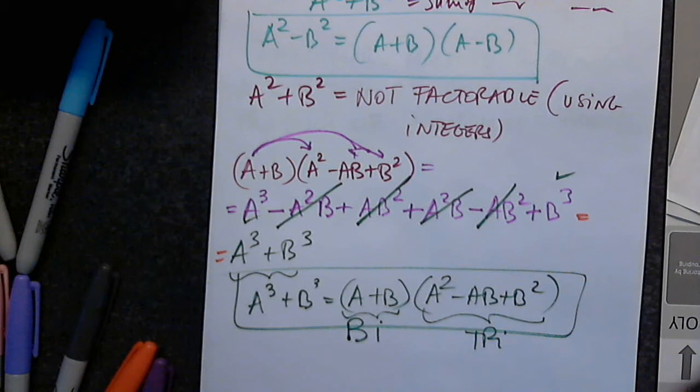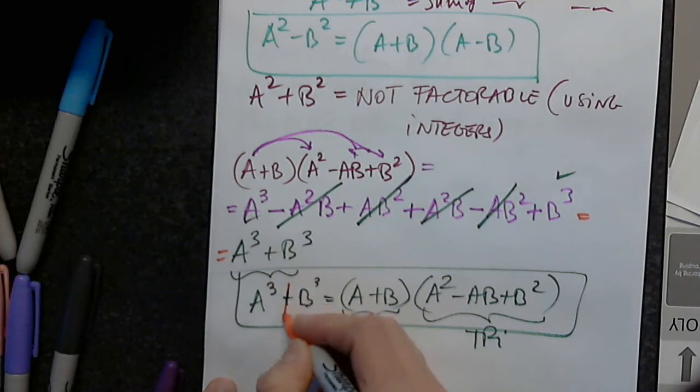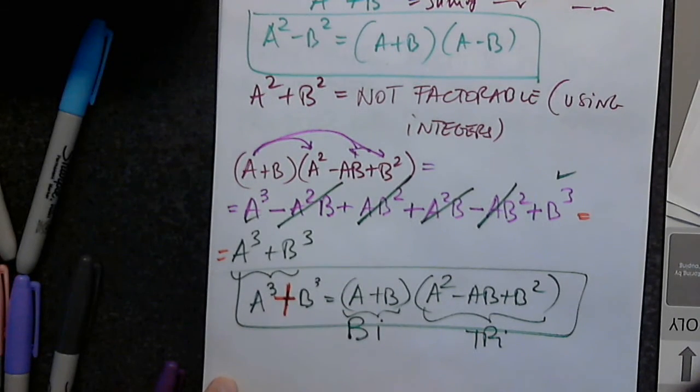But this one is the sum of two cubes. It's a binomial, but look at it. It factors into a binomial times a trinomial. I want to emphasize the sequence of signs. If we are factoring the sum, the binomial must have what sign?